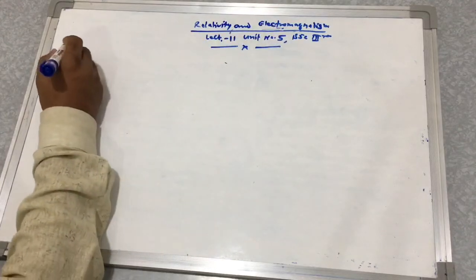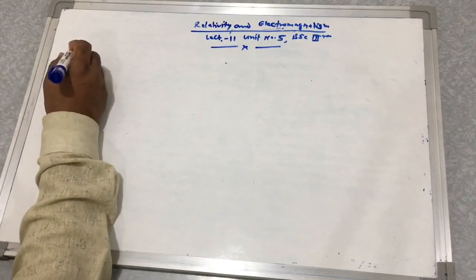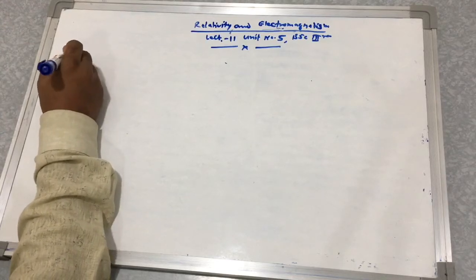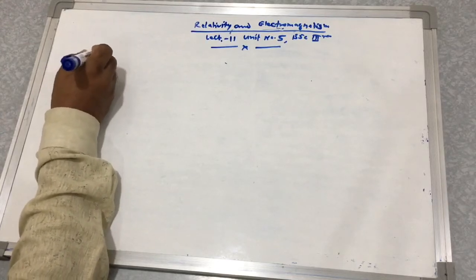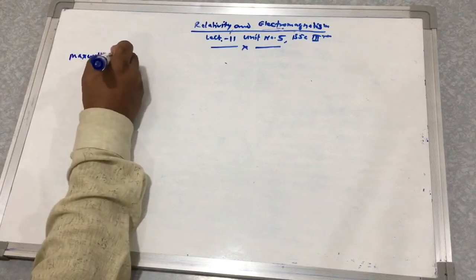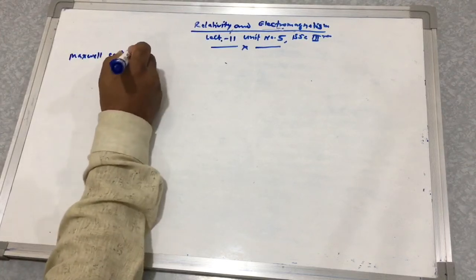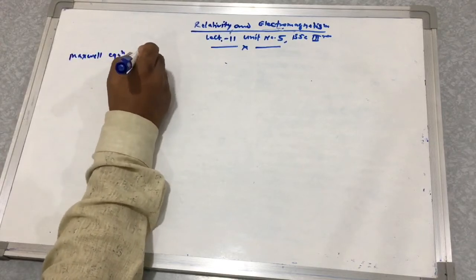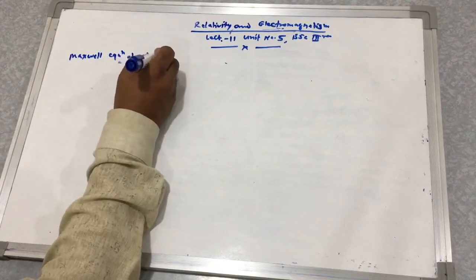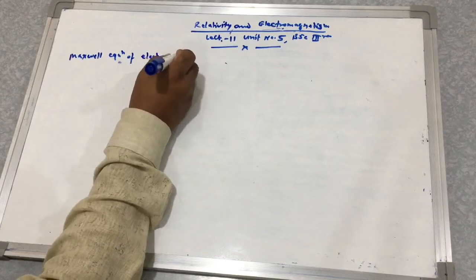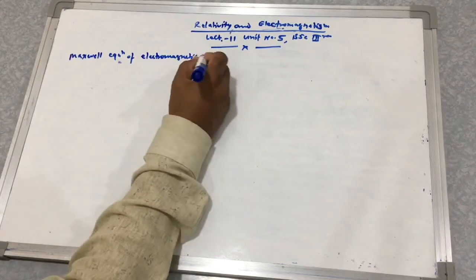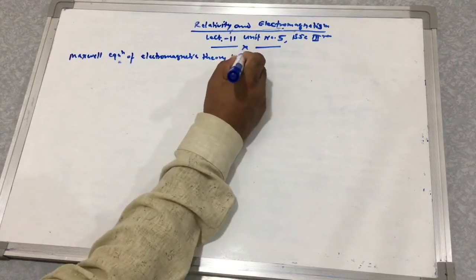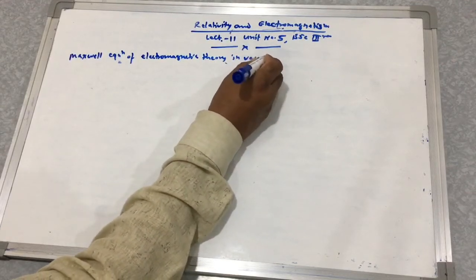So here, unit number 5: Maxwell equations of electromagnetic theory in vacuum.